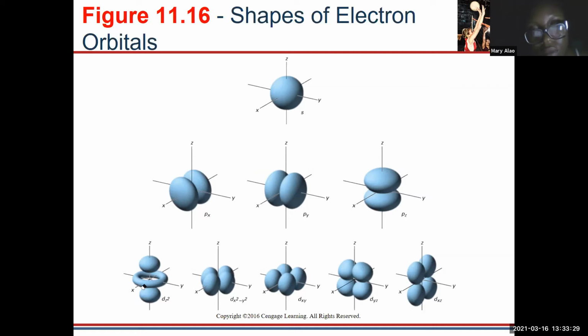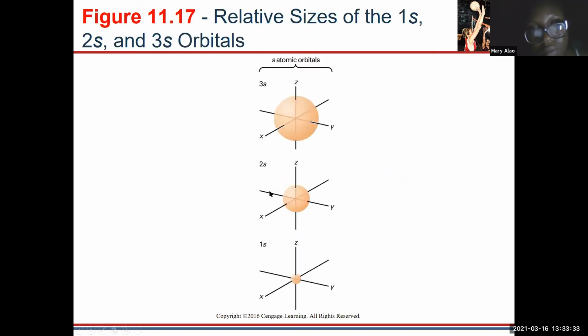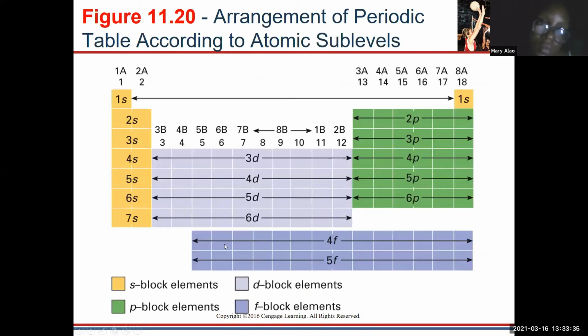And then the 4f is a little bit higher in energy than the 6s, because it would be right here.